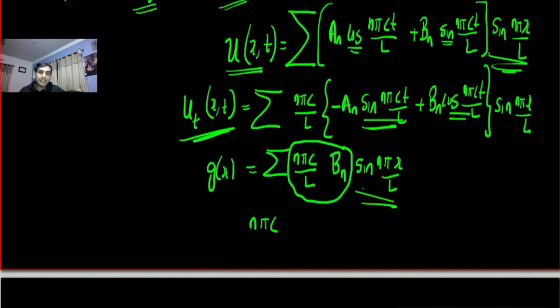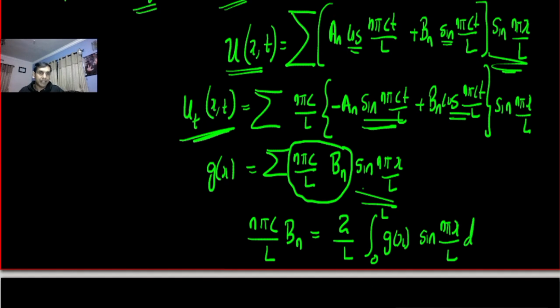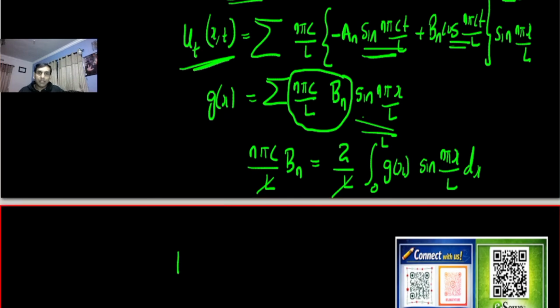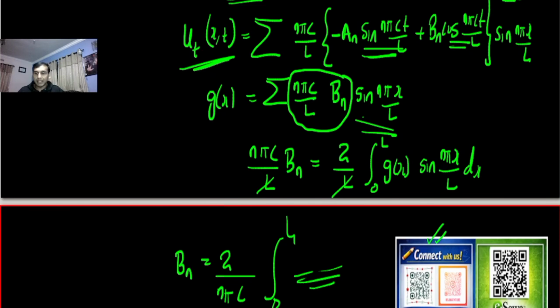So n pi c divided by L multiplied by Bn equal to, come on, tell me the formula. 2 by L integral 0 to L g of x multiplied by sine n pi x by L dx. Now this L gets cancelled. So we get Bn equal to 2 by n pi c integral 0 to L, etc., etc.